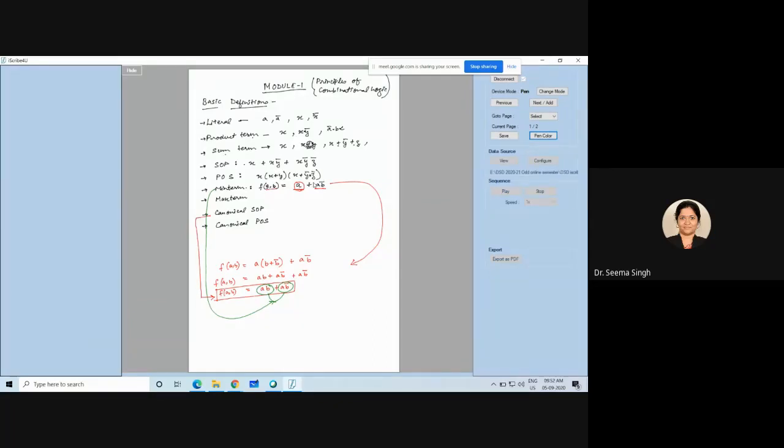A maxterm is a sum term which contains each of n variable in either complemented or uncomplemented form.